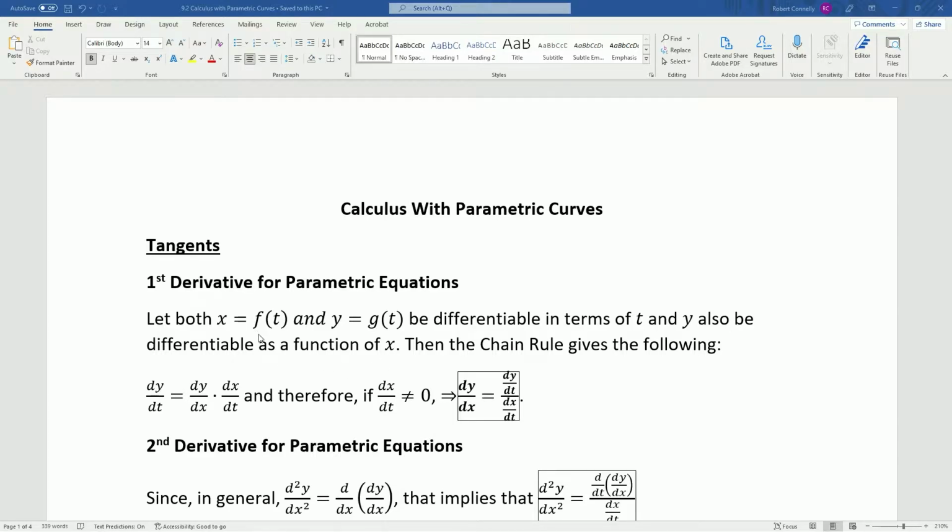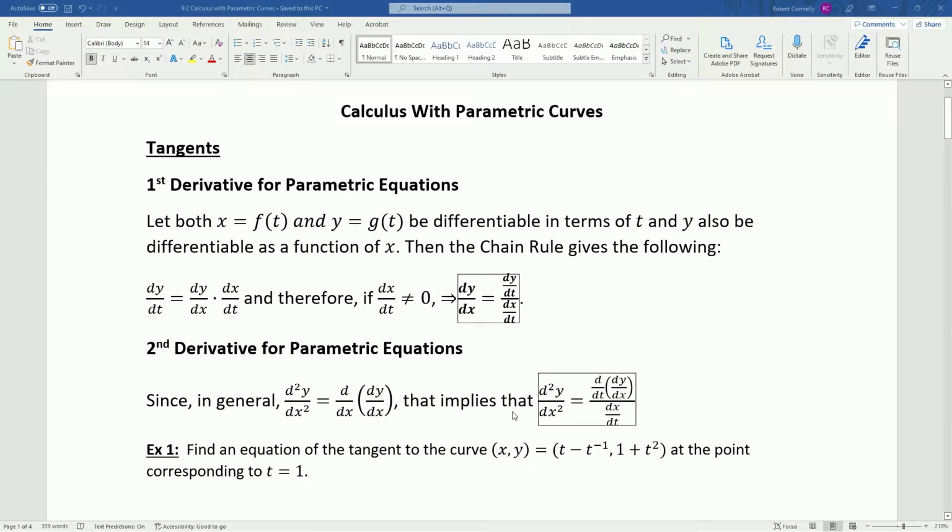Then the chain rule gives the following: dy/dt equals dy/dx times dx/dt, so that's pretty standard. And therefore, if we just divide out dx/dt, assuming that it's not equal to 0, then we get dy/dx equals dy/dt divided by dx/dt. So pretty simple derivative rule for parametric equations.